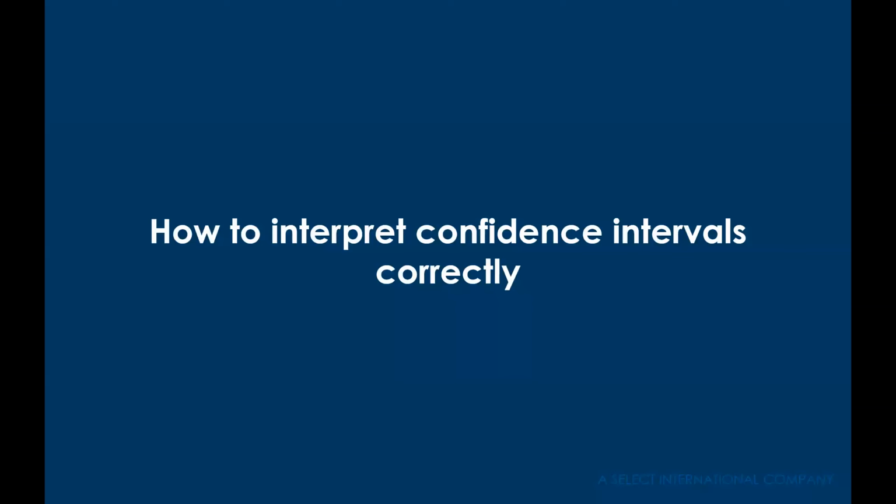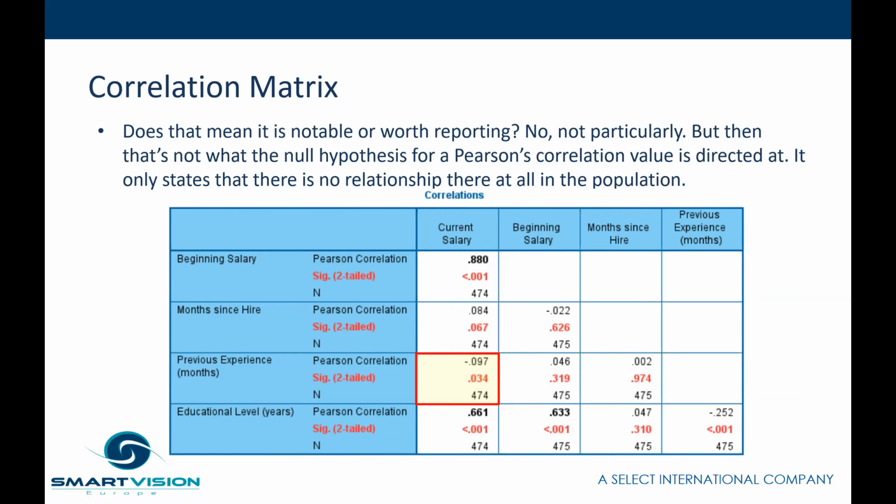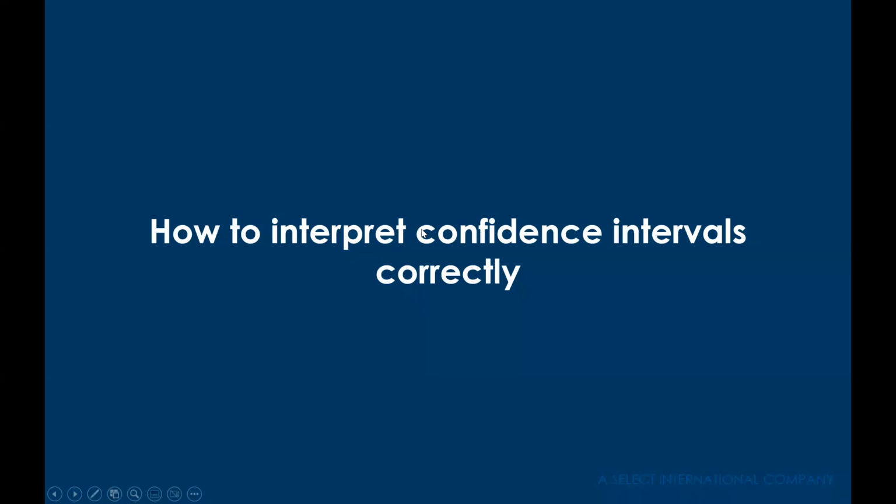Okay, that brings us to our last example here. We've looked at categories against categories. That was why we looked at chi-square. Then we looked at scale variables or continuous variables against continuous variables. They're not categories. That was why we looked at correlation, because when we look at correlation, all of these are number fields. It's like they're actual numbers. And what happens when you have a category field and a number field?